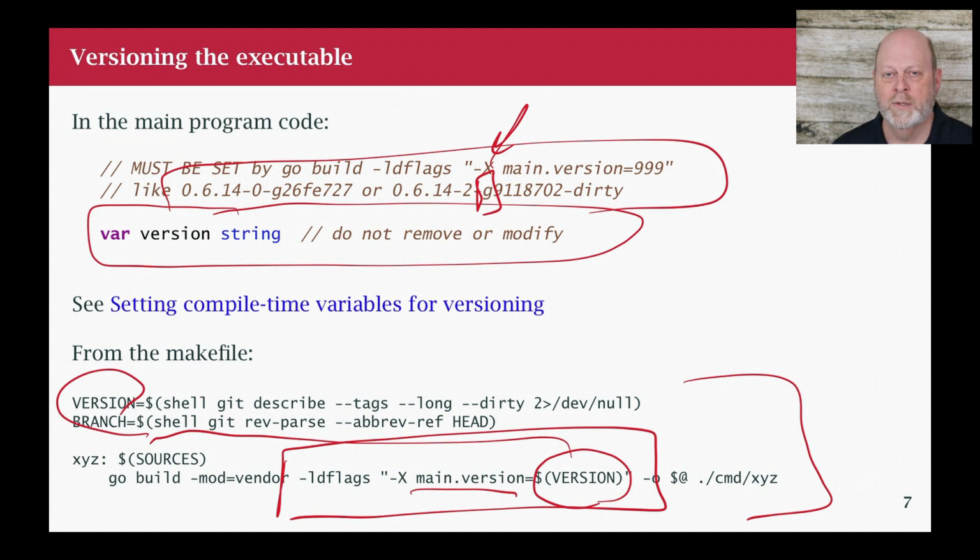Now, some people will also talk about putting a build timestamp in your executable. And I'm going to say, I don't think you should do that. The ideal build process is one that is completely reproducible. If I have the same source and the same version of Go, I should be able to get exactly the same binary, literally down to a secure hash, in the ideal world.